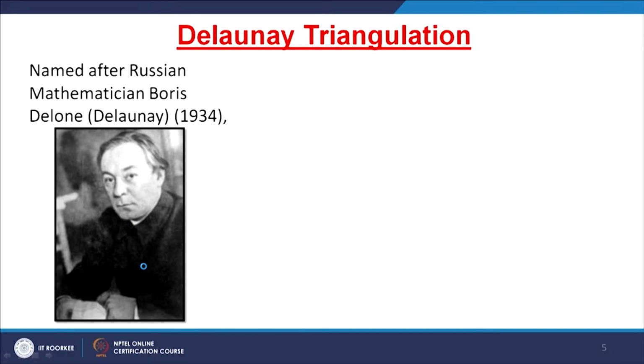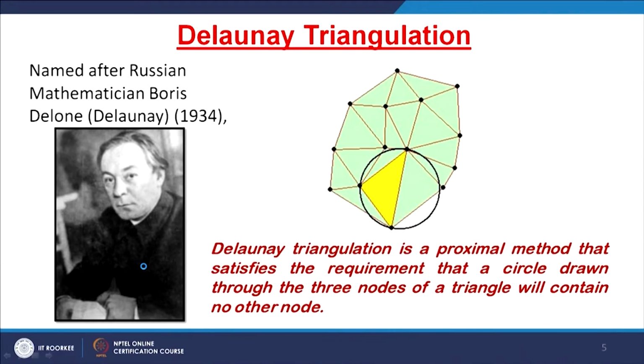And now, a little bit of dedication to the person who gave this idea, that is Boris Delaunay, and in 1934 he gave this theorem, basically, that this triangulation, which is still known as Delaunay triangulation, is basically a proximal method that satisfies the requirement. What is that requirement? That if a circle is drawn through the three nodes of a triangle, it will contain no other node.